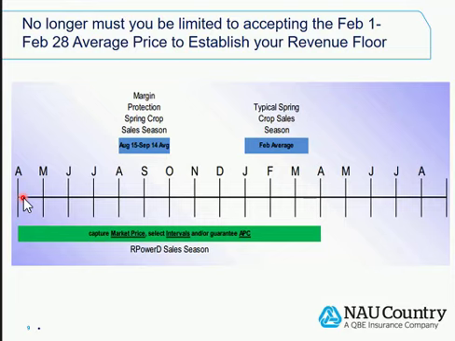Again, as I mentioned, we can elect our coverage level from 70 to 95%. In this example, I'm going to use an 85% level of coverage. I'll mention this more than once, but I would encourage you, you can quote it different ways here, which I'll show you how to do, but you'll find the most effective cost is when you line up the level of coverage for your RPowerD product with the level of coverage for your underlying revenue coverage policy.